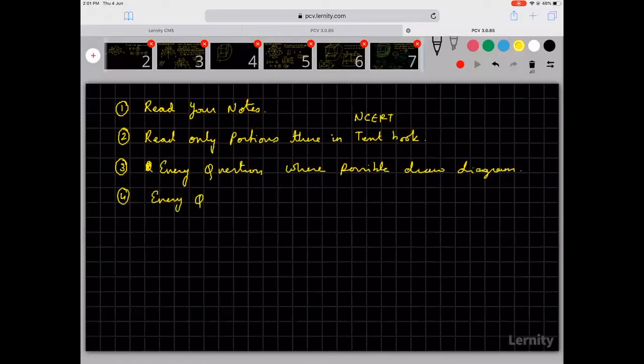Every question where diagram is asked, draw diagram in pencil. 4, 5, one small advice.